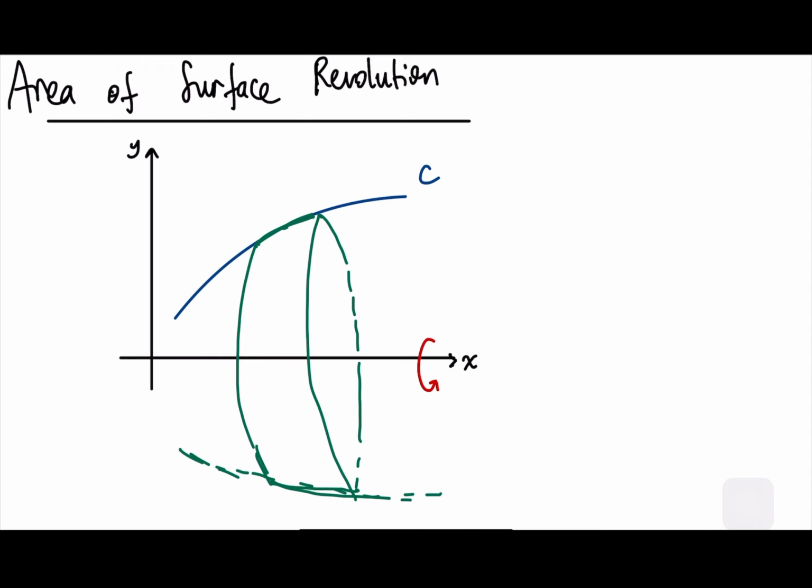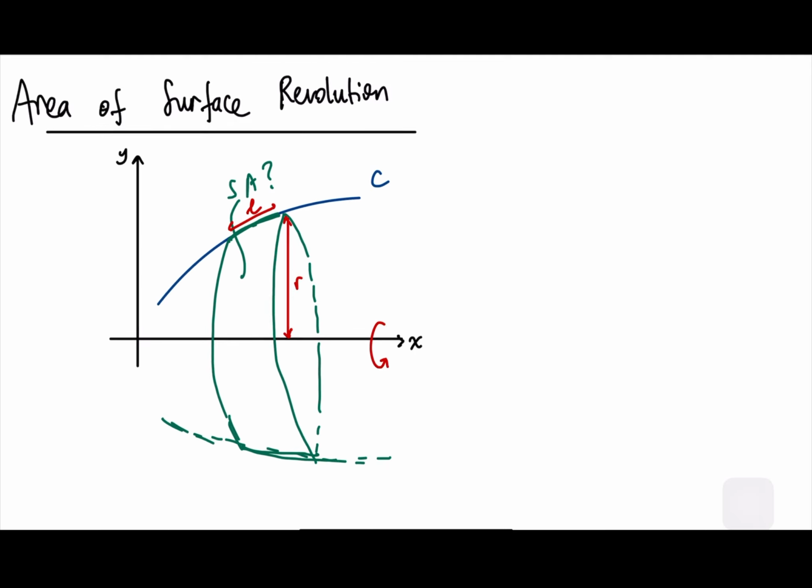And the question is, I want to know the surface area of this. Let's say this is some length L, and we have the radius, let's write R.